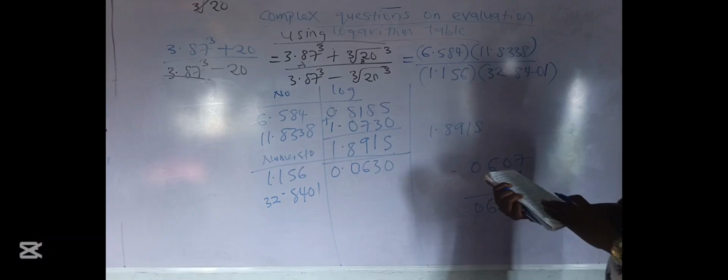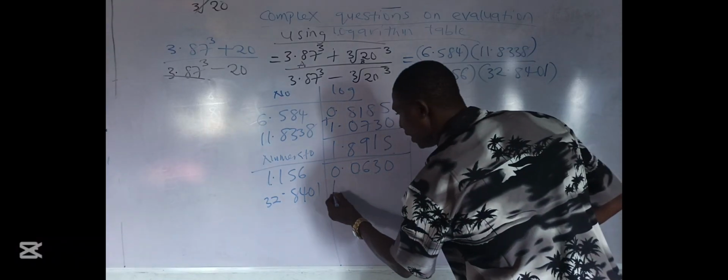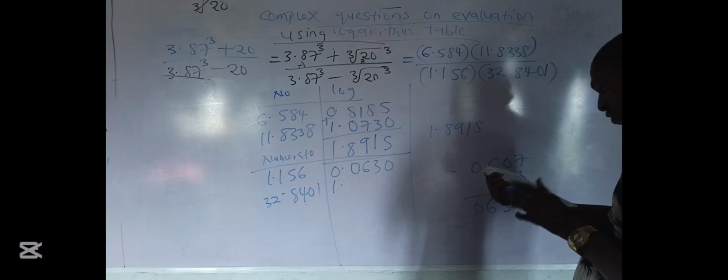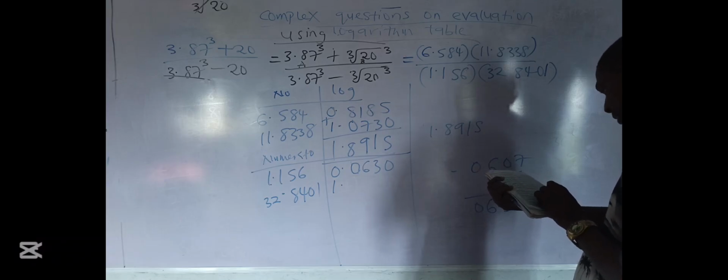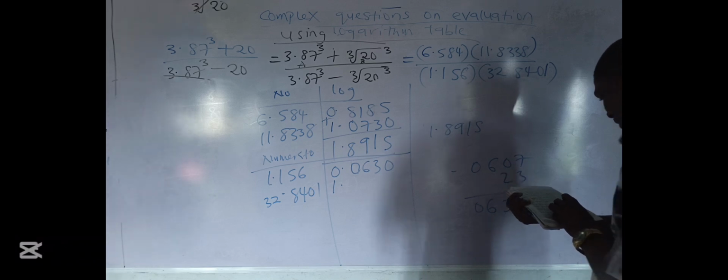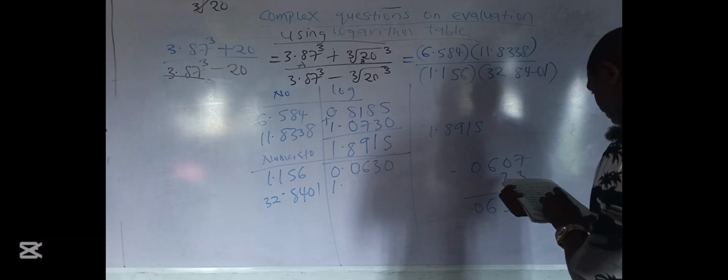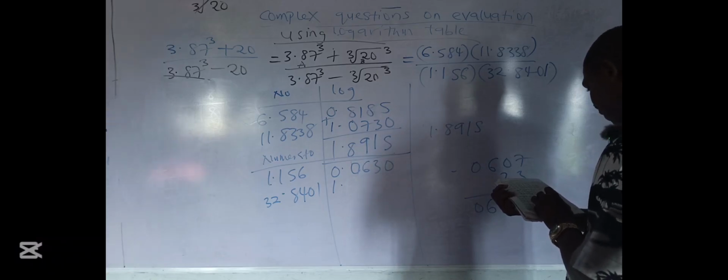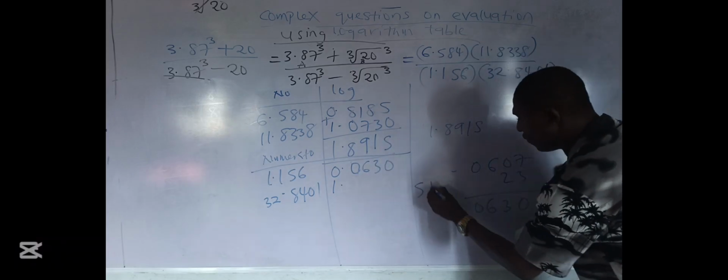Now I have 32.8401. So I'll check, this will give me what? 1 point. 32 under 8, difference 4. 32 under 8, difference 4 is 5. So I have 5159. 5159 plus 5.